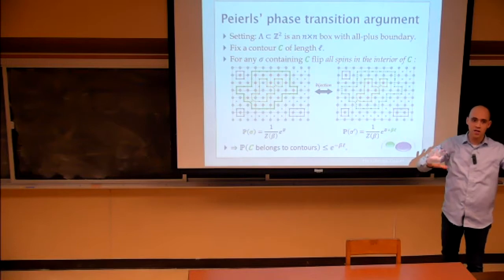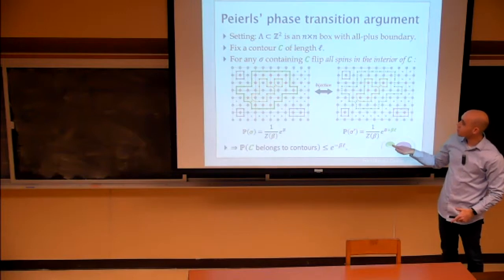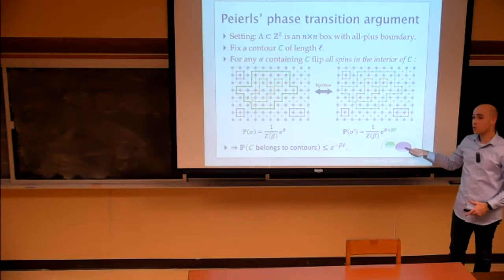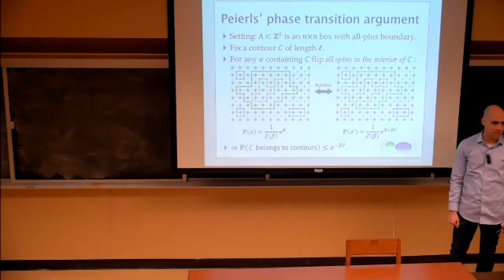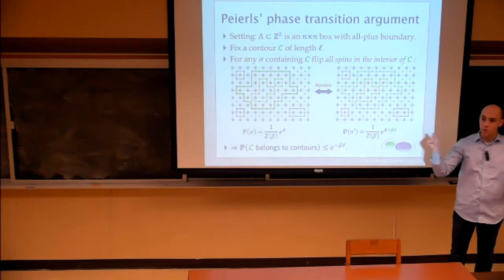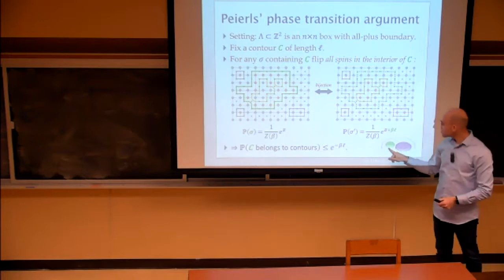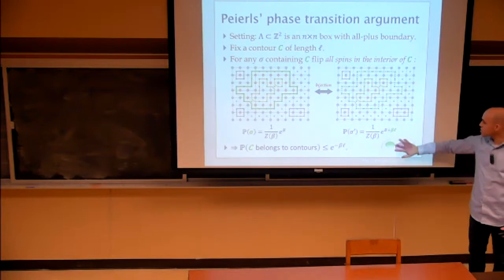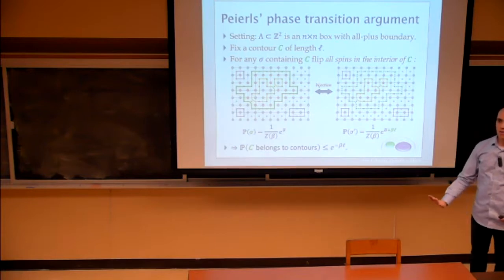So this is a bijection on the set of configurations, and it maps a set of configurations that has C as a contour to a disjoint set where it is not a contour, and that disjoint set is heavier by a factor of e to the beta L. Because every configuration is mapped to a unique configuration that is heavier by a factor of e to the beta L. That means that the entire green set has probability at most e to the minus beta L, regardless of anything else that happens outside. So this is what the argument showed.